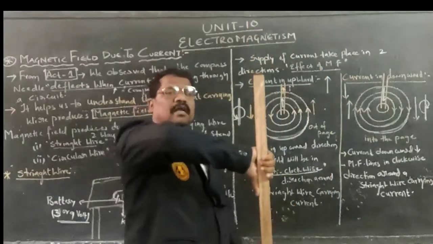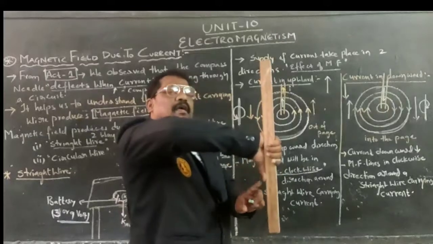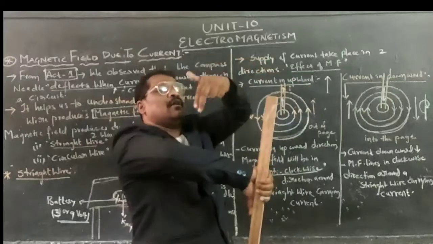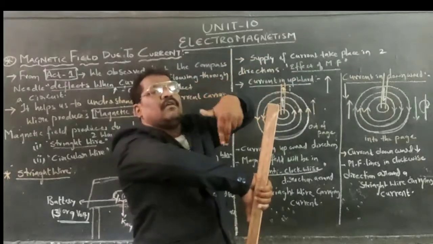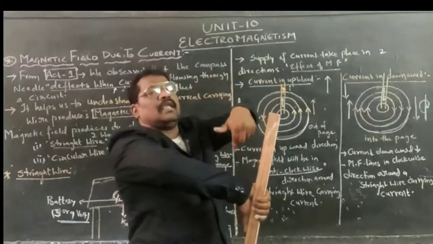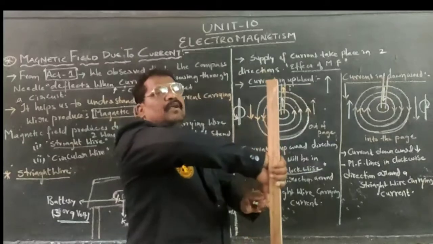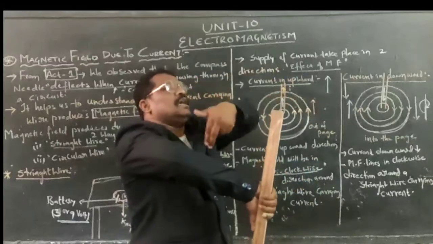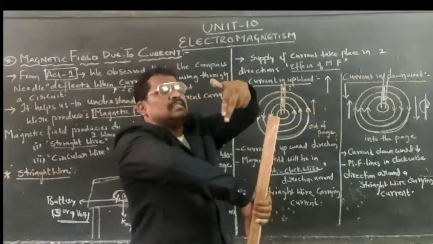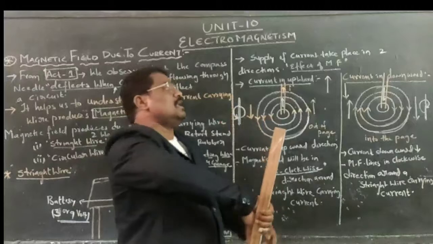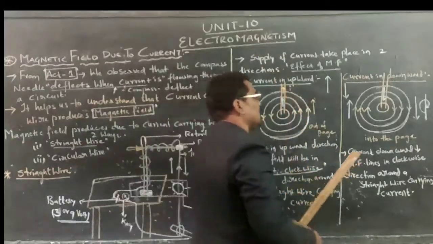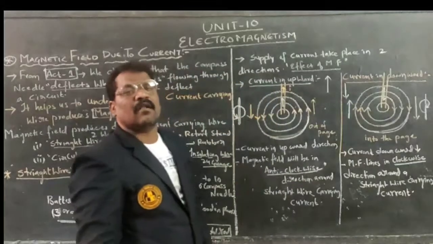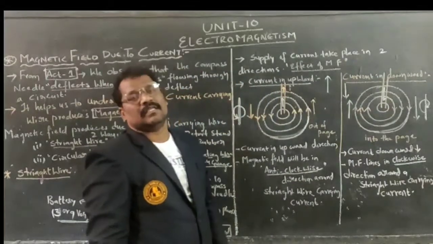According to the Ampere right hand rule, the thumb indicates direction of flow of current, and the curved fingers indicate the rotation of magnetic effect around the current carrying wire. The thumb indicates current moving downward, and the curved fingers exist around the conductor in clockwise direction.